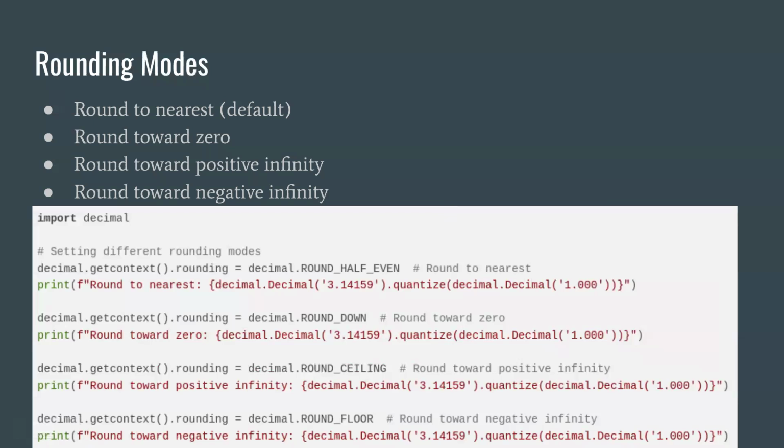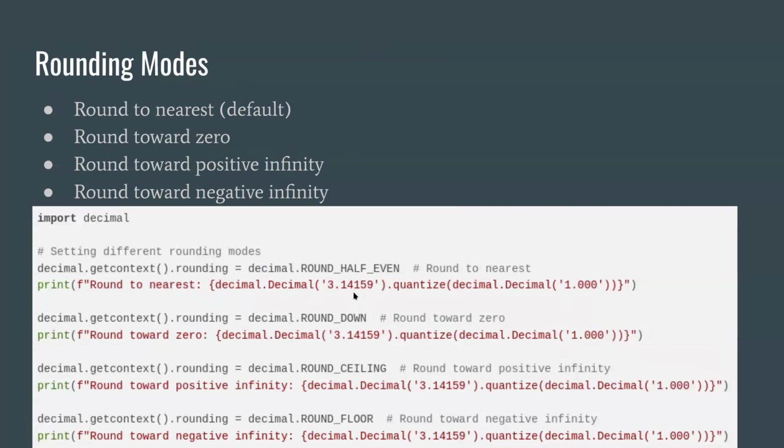Other modes include round toward zero, round toward positive infinity, and round toward negative infinity. And each mode has different implications for precision and accuracy, and the choice of rounding mode can affect the result of computations.